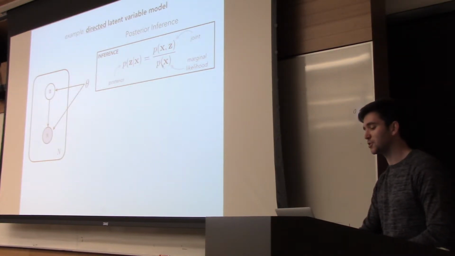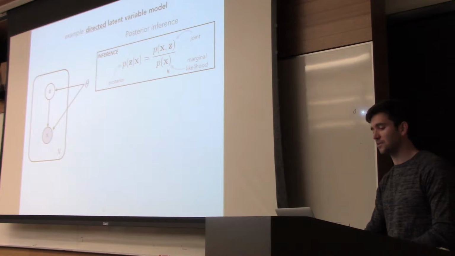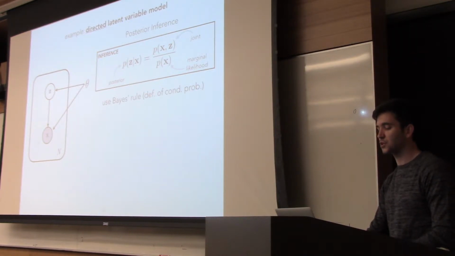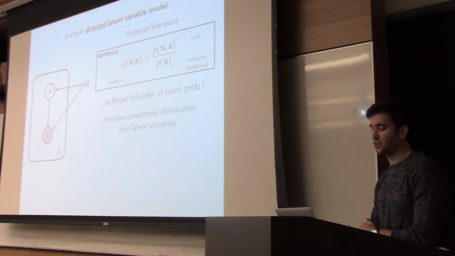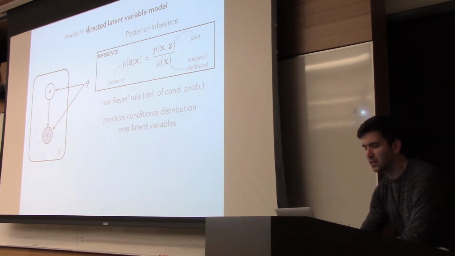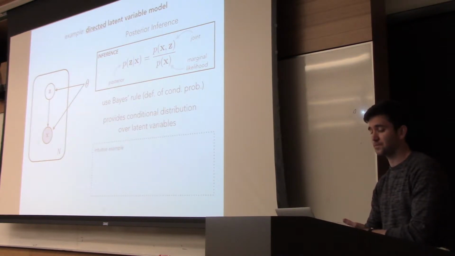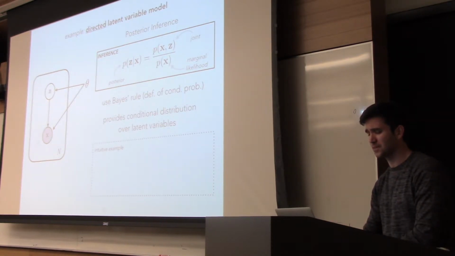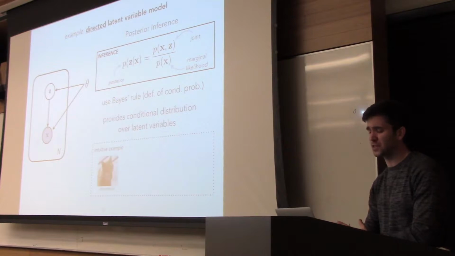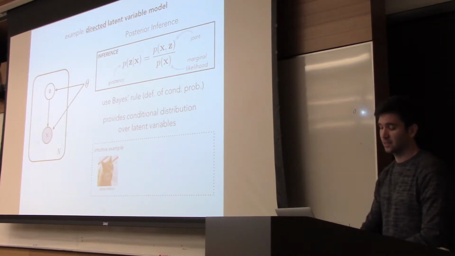Likelihood is always likelihood of the data, and this is the marginal likelihood because we've integrated out the latent variables. So we can use Bayes' rule here, and this provides a conditional distribution over the latent variables for a given example. As another intuitive example, say I have this observation of a cat.